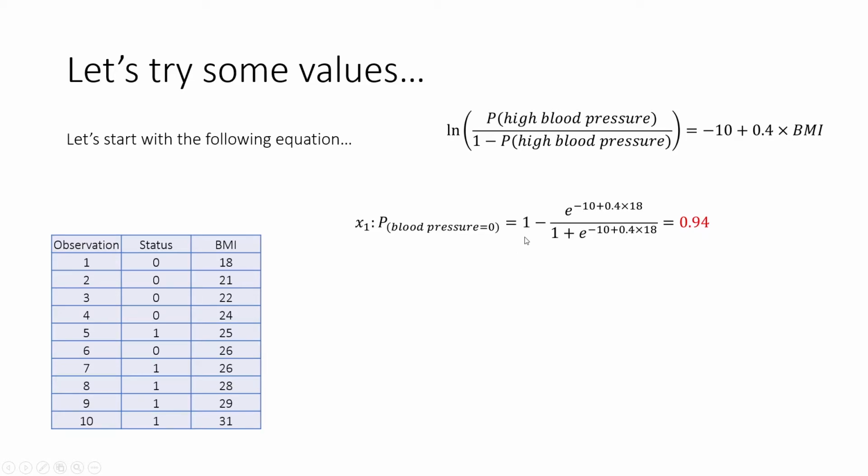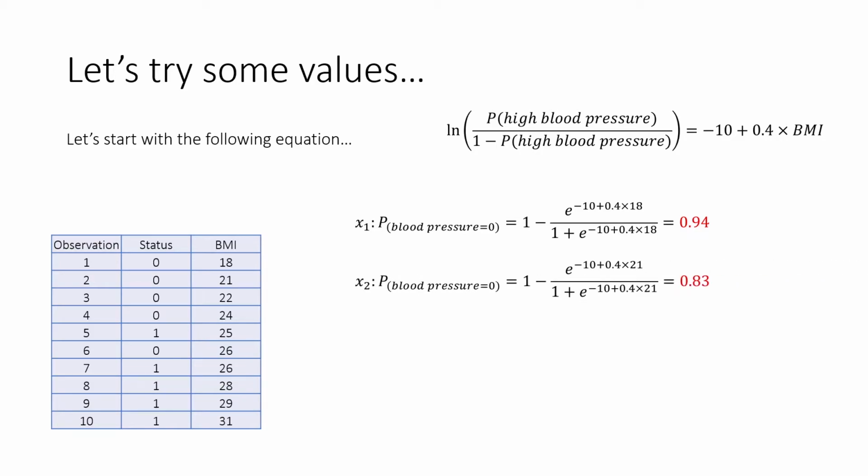So we can simply do that by saying 1 minus e to the power of minus 10 plus 0.4 times 18, which is the BMI, over 1 plus e to the power of minus 10 plus 0.4 times 18, which in this case equals a predicted probability of 0.94.